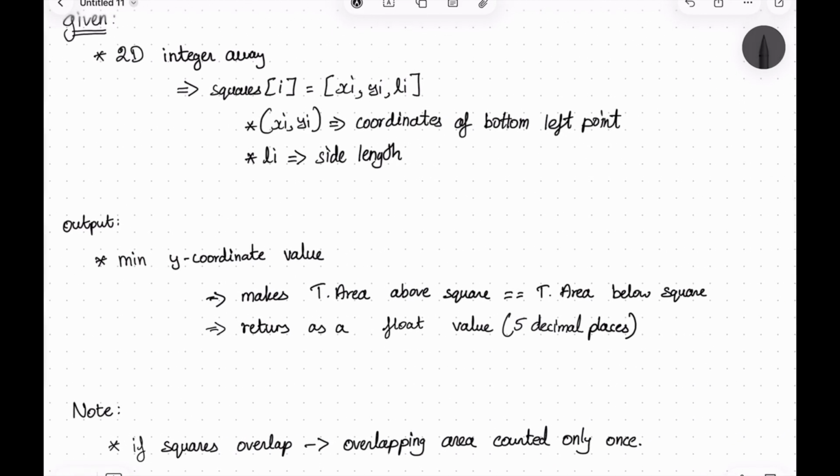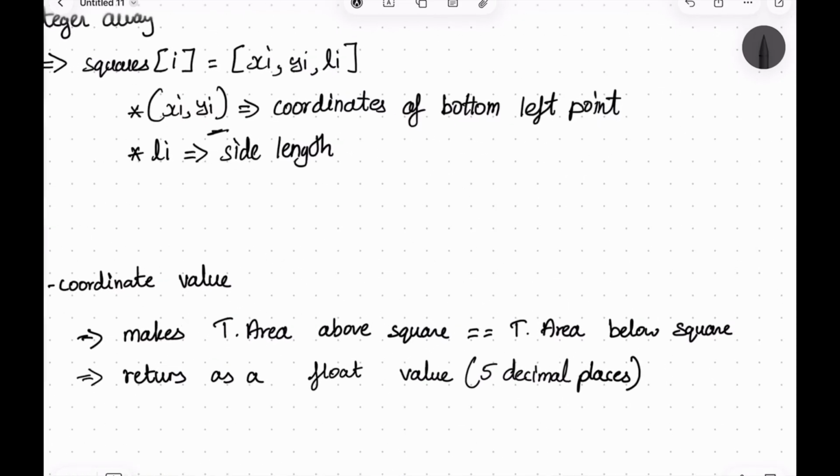So we are given a 2D integer array squares where squares[i] is equal to a list of xi, yi and li, where xi and yi are the coordinates of the bottom left point of the square and li is the side length. So what exactly does this mean? Consider a grid where we have the coordinates 1 and 1, which is the left bottom point of the square, and li be the side.